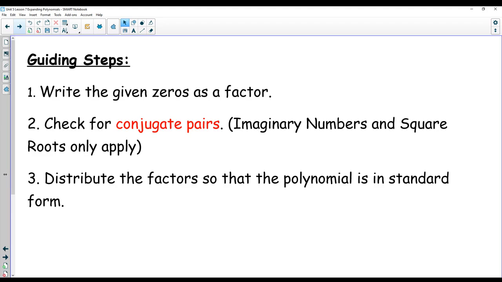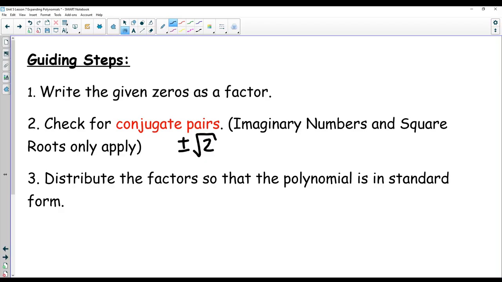The first thing is I'm going to give you the zeros. We have to write those as a factor. I'll show you what I mean in a second. The other thing to keep in mind is conjugate pairs. When we're talking conjugate pairs, think about when we are working with square roots. When we square root something, we always have a plus minus, right? Plus minus anything, like radical 2.